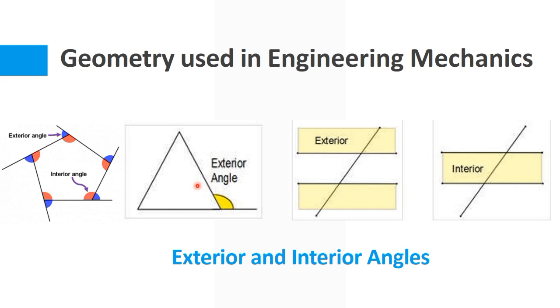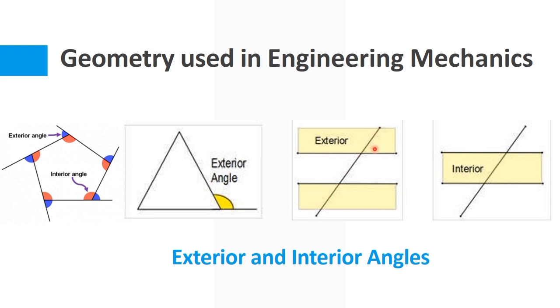Here you can see in the case of a triangle as well, this angle is an exterior angle. If there are two parallel lines and another line passing through these two lines at distinct points, this line is known as a transversal.